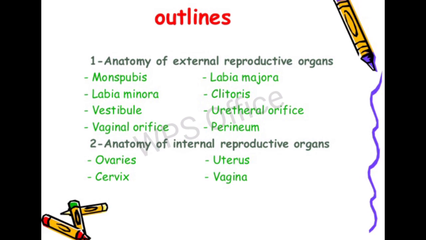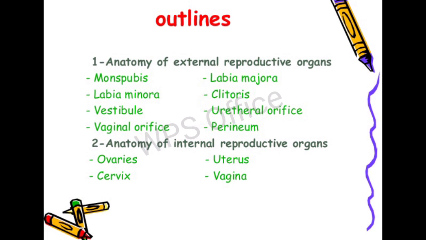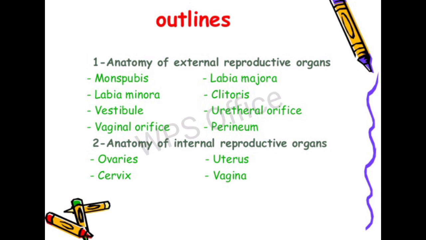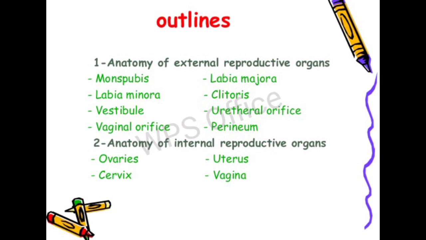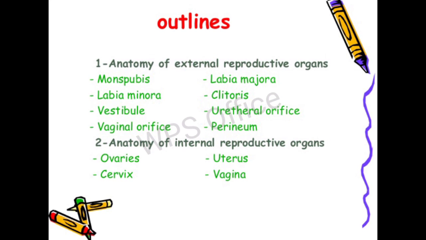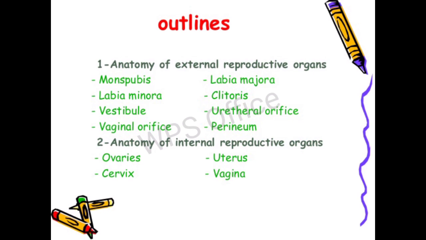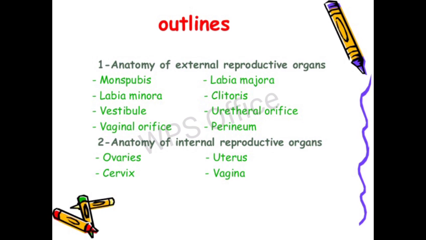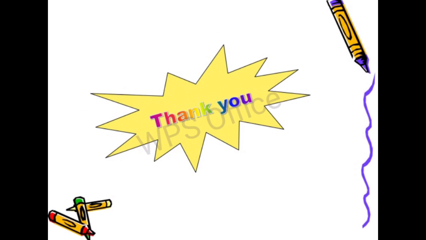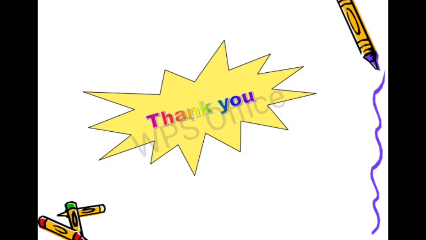The functions of the reproductive organs are to help in oogenesis, copulation, production of hormones, fertilization of the egg, implantation, development of the fetus, and also menstruation. So this is all about the female reproductive organs.